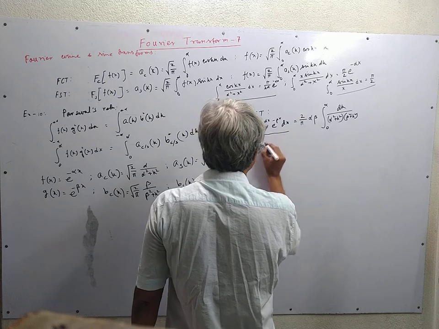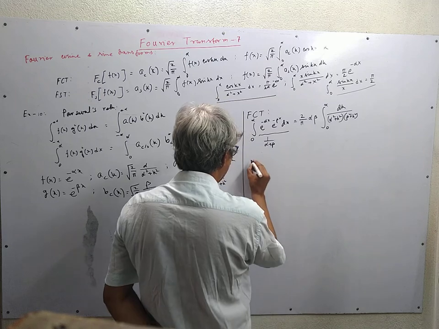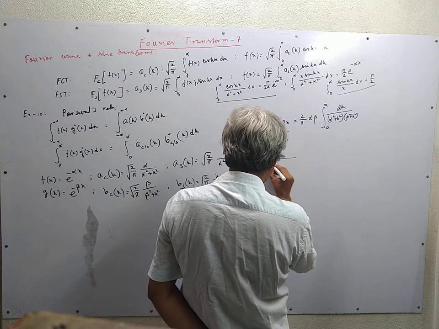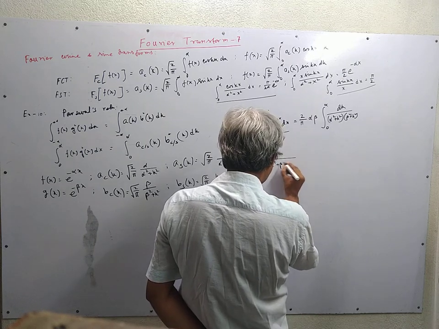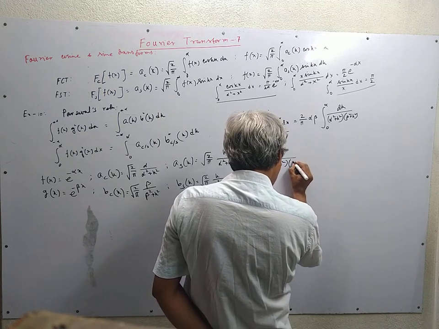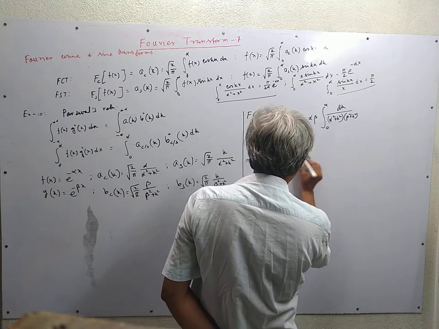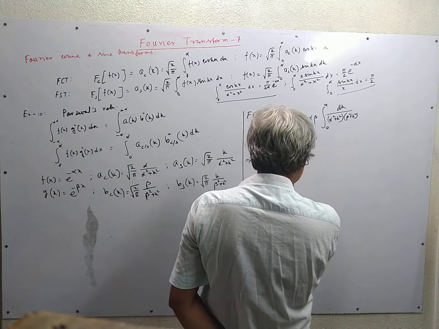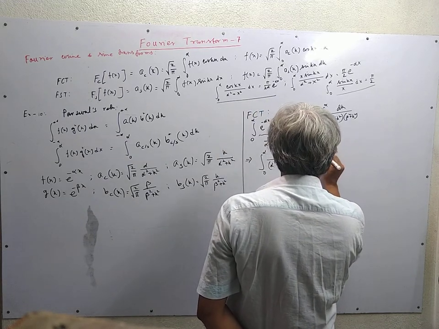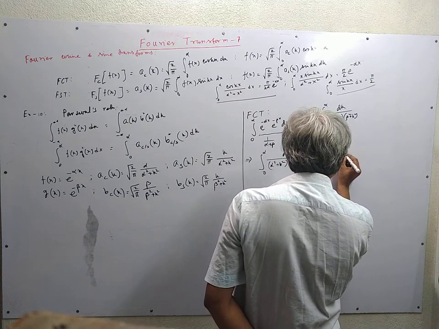The left part is simply 1 upon alpha plus beta. So we get the integral from 0 to infinity of dk over alpha square plus k square times beta square plus k square, which equals pi upon 2 alpha beta times alpha plus beta.